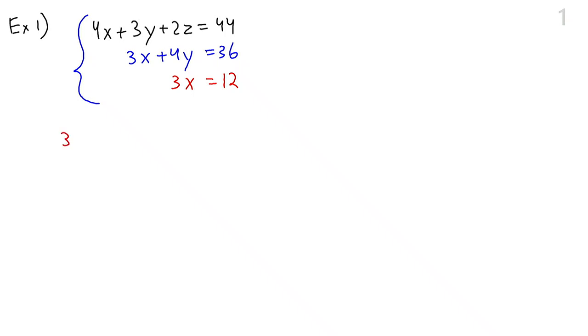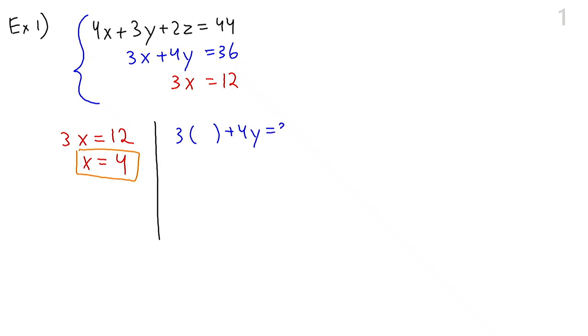So we start with the simplest equation, 3x equals 12, and we solve for x, and we have one of the entries in the 3-tuple. And now we use that and plug it into the second equation. The second equation is 3 times x plus 4y equals 36.